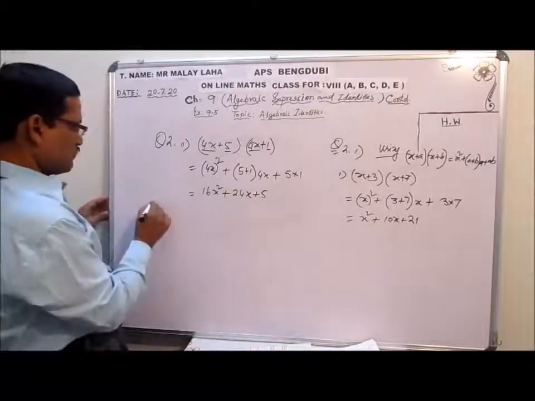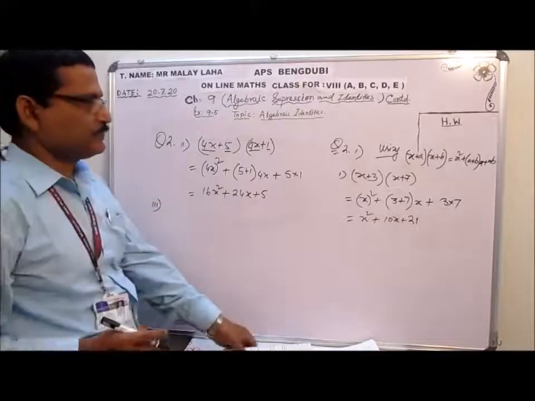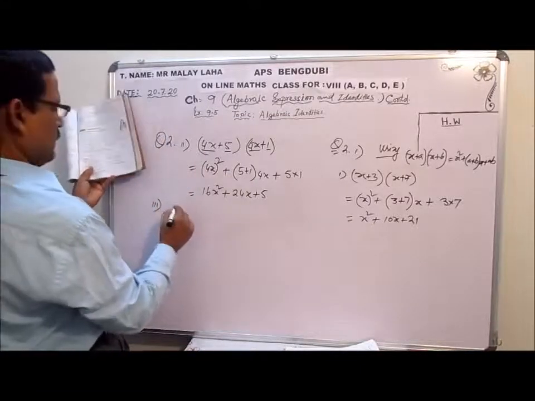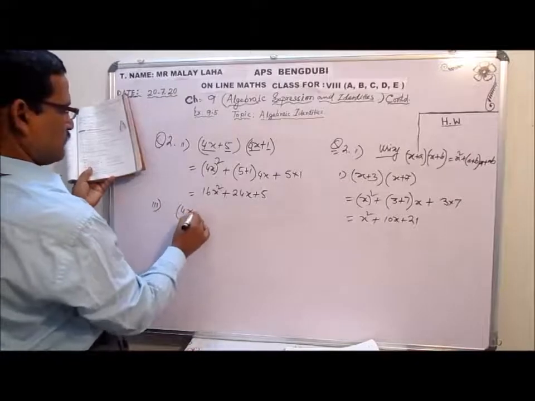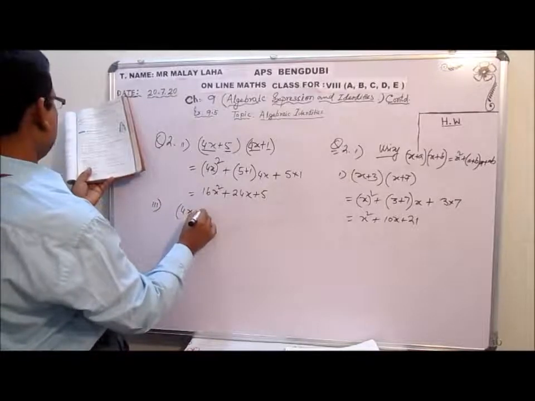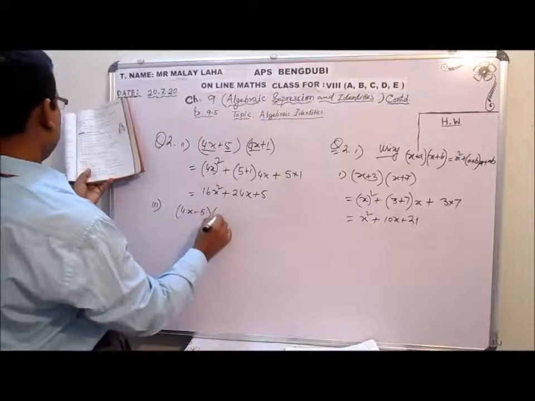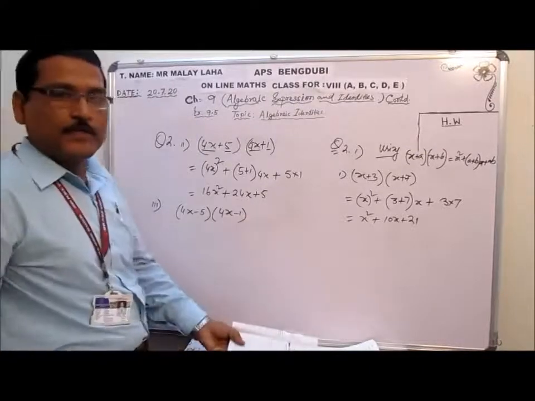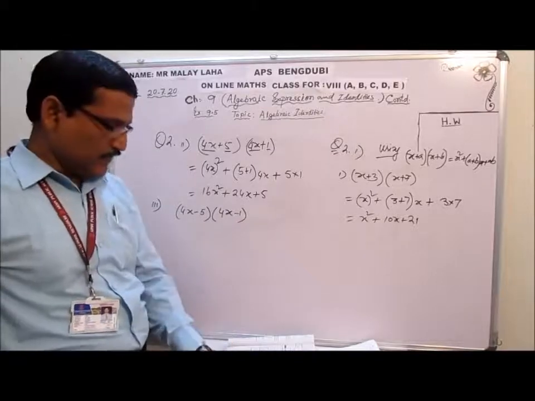Now question number 3: (4x - 5) into (4x - 1). Now here we have to see very carefully.